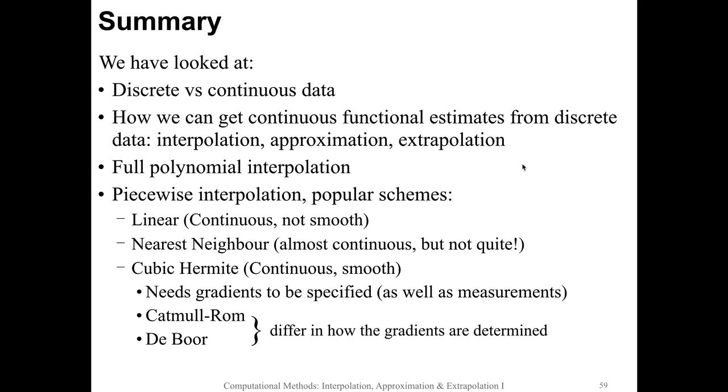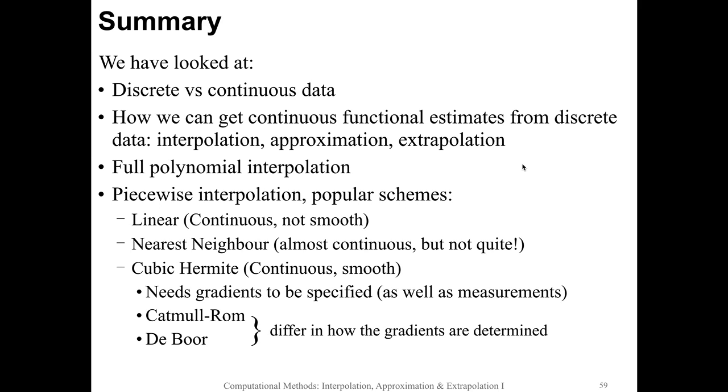So we looked at linear piecewise interpolation, which is continuous but not differentiable, not smooth, has some sort of jagged corners. We looked at nearest neighbour interpolation, which is almost continuous but not quite, has those breaks halfway between the knot points.